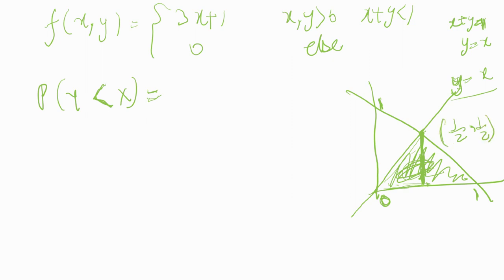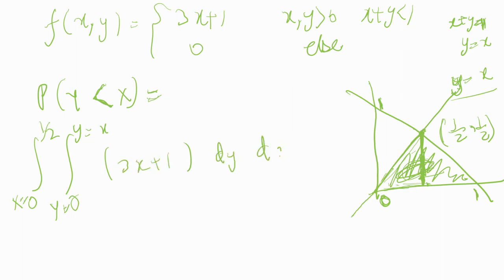When x is from 0 to half, the y limit is from y is 0 to y is equal to x, and then we have 3x plus 1 dy dx.